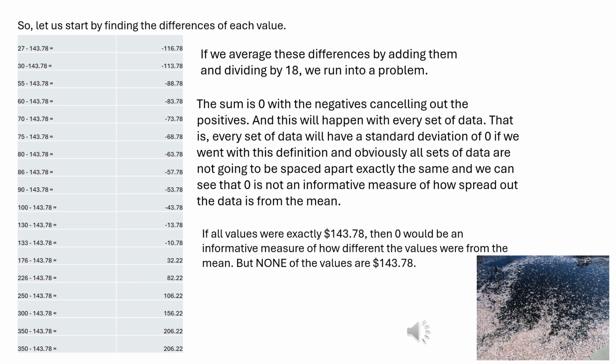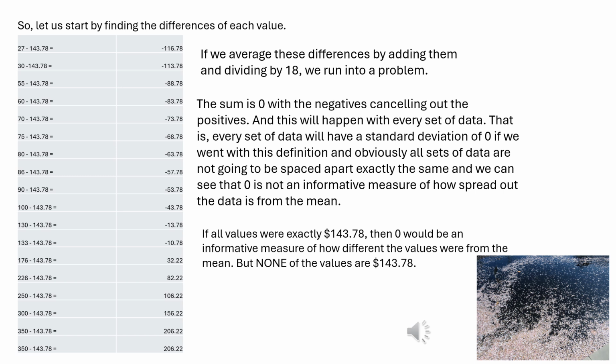So let's start there. The mean again was $143.78. So we're going to find the difference, the subtraction, between each of our prices and the mean of $143.78. Going down the list of 18 values, we found all of those differences.